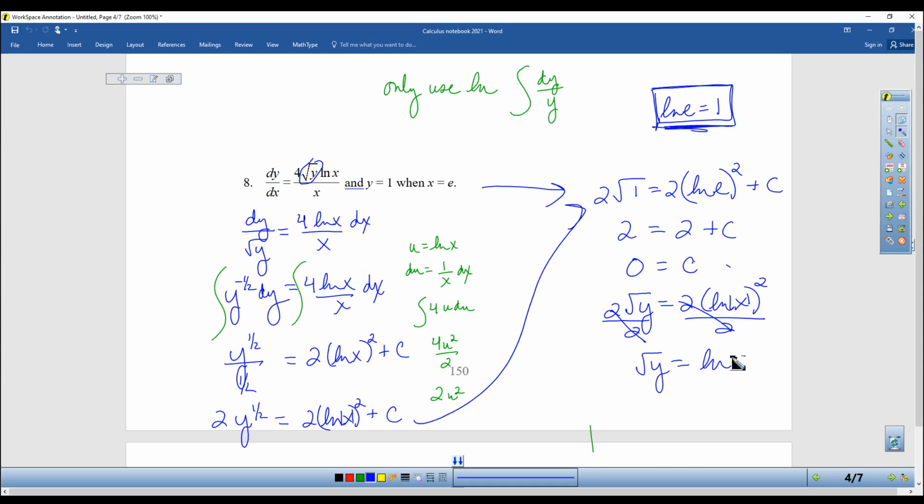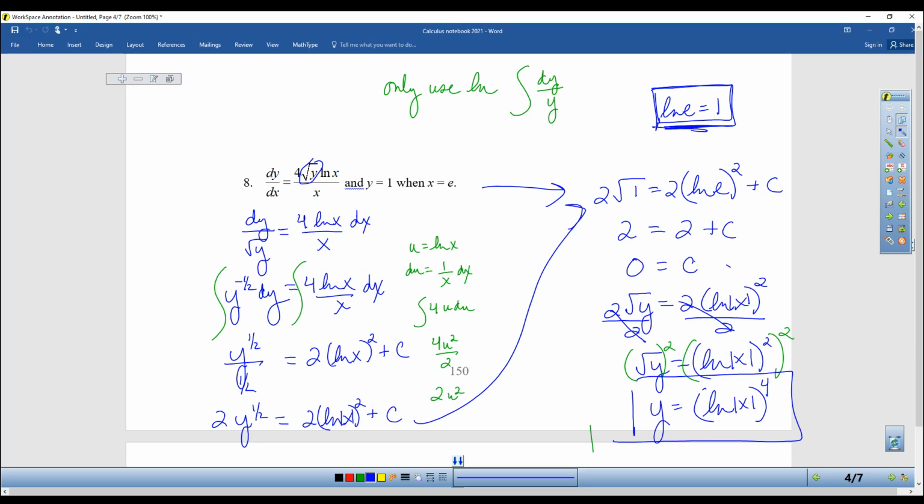Now this is a little tricky for people. This side is squared and this side is square rooted. When you square both sides, this side is going to become the natural log of x to the 4th power. And then on this side, the square root will go away. So be a little careful there.